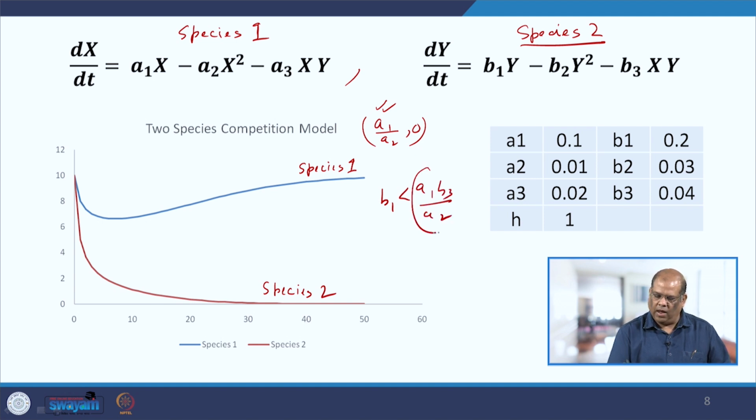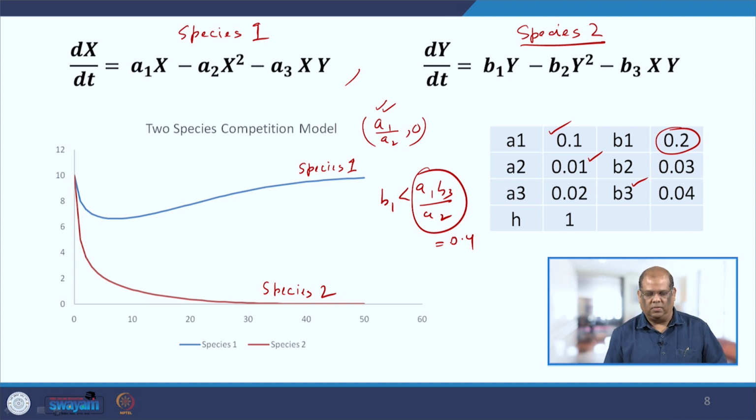If I plug the values from here, I will see that this value comes to be 0.4, and B1 has to be less than 0.4. So, B1 is 0.2, which is less than 0.4, and hence the condition for stability has been satisfied.